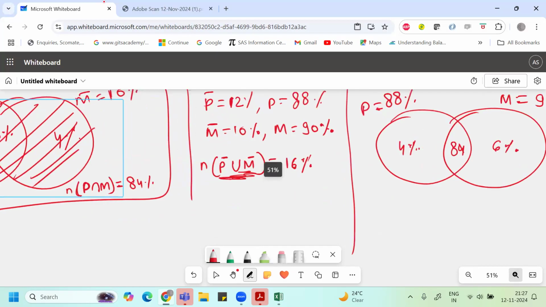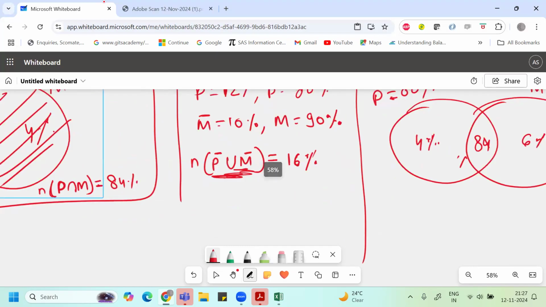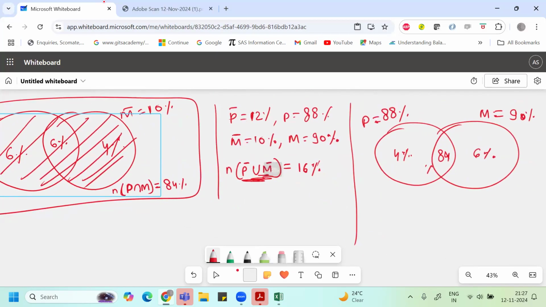The total number of students who passed in both physics and maths, I got that as 84. So now, based on this, how many students passed only in physics?